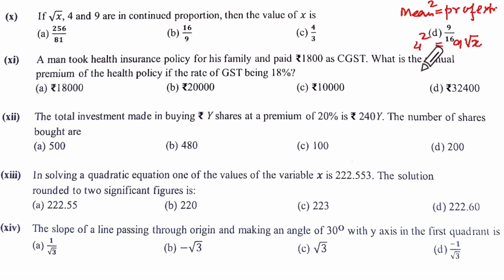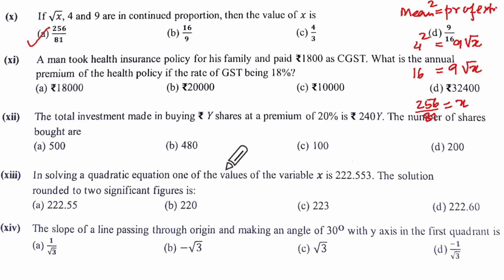So 4 square means 16 is equal to 9 root x. So I'll have to remove the square root. So 256 upon 81, that will be equal to x. So how much is that giving me? 4 upon 3.